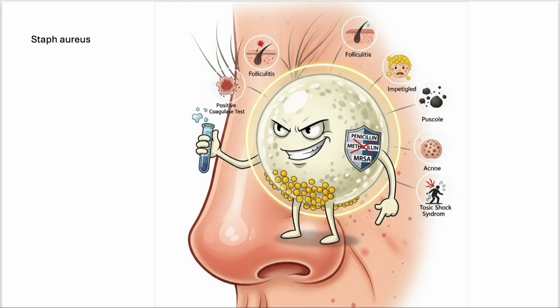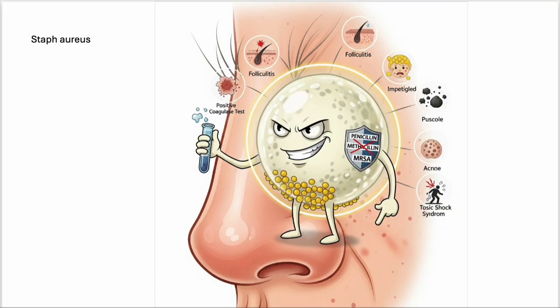And if you use MSA agar, it is selective for staph and it differentiates Staph aureus due to the mannitol fermentation, which turns it yellow. Some key tests: catalase differentiates staph, which is positive, from strep.